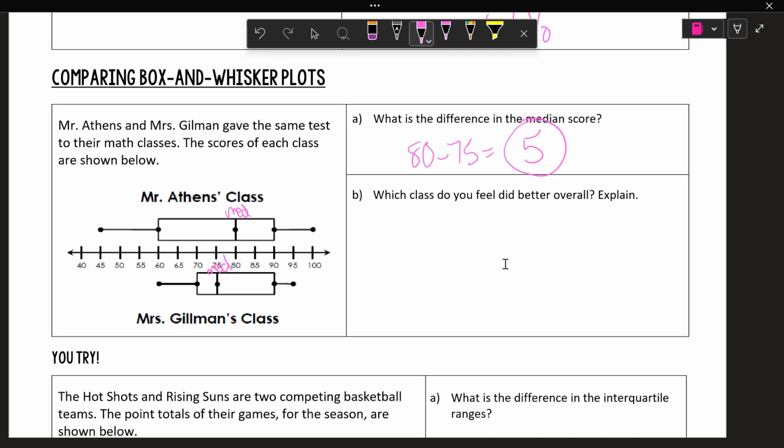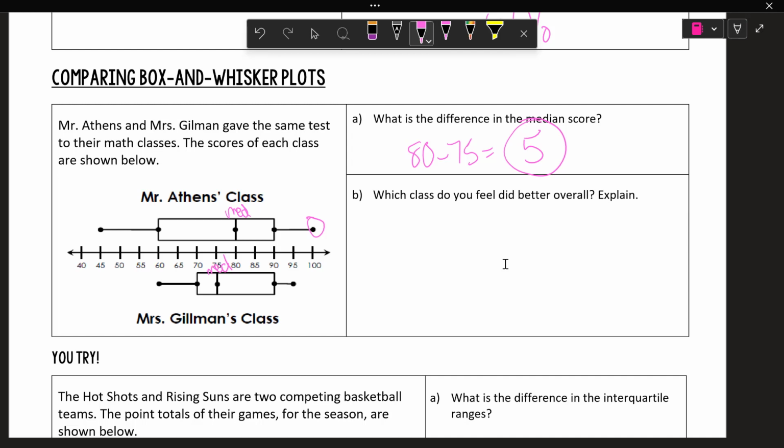Which class do you feel did better overall? Well, we could debate. Mr. Athens' class has a much higher max. Well, not much higher, but 5% higher. The median's higher. But the minimum's way lower than Mrs. Gilman's class.